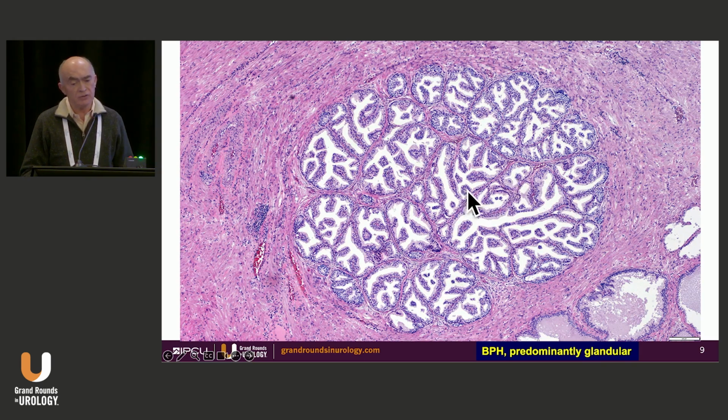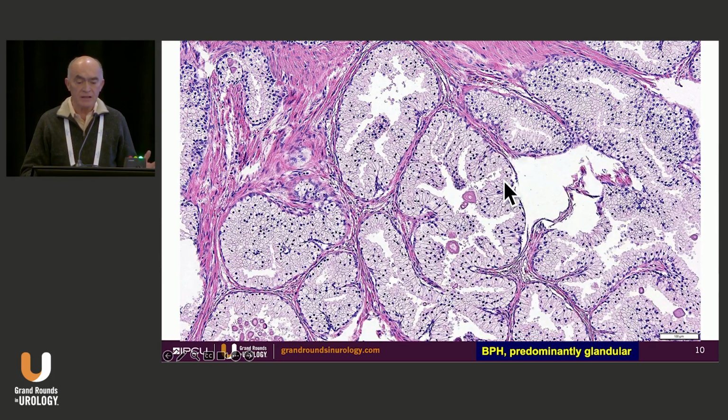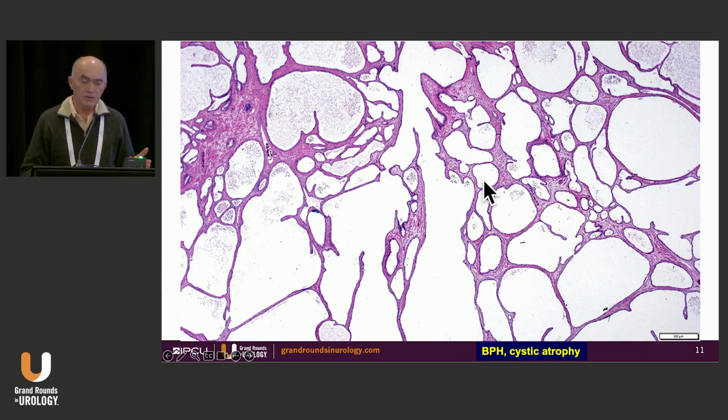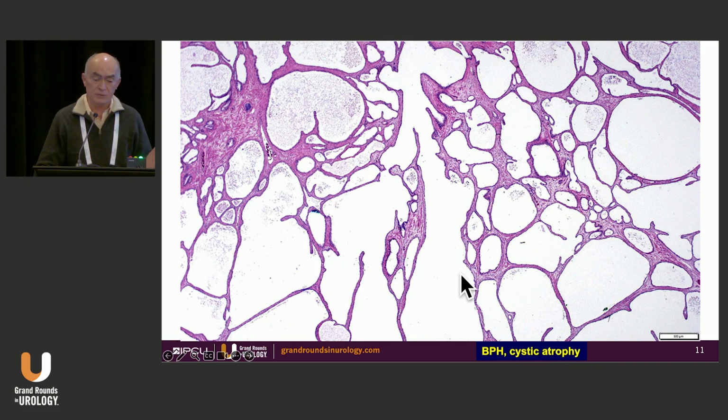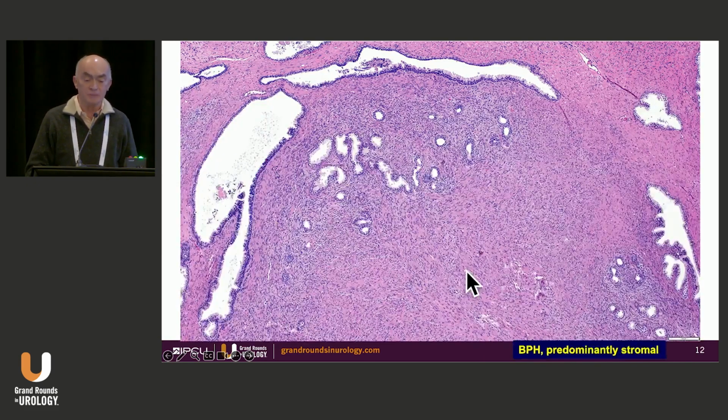Then under the microscope, we're going to find different arrays and architectures of the glands. They are all benign, but they can be very interesting, for example, in the presence of cystic atrophy, where in this particular case they first become hyperplastic and then atrophy.